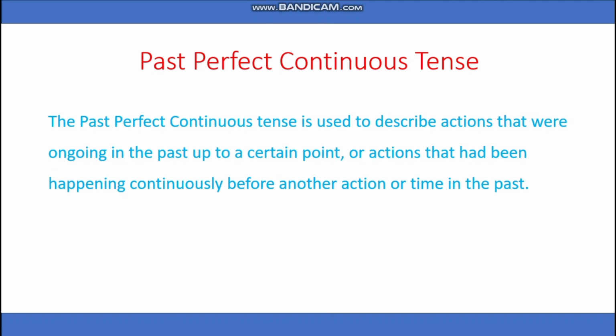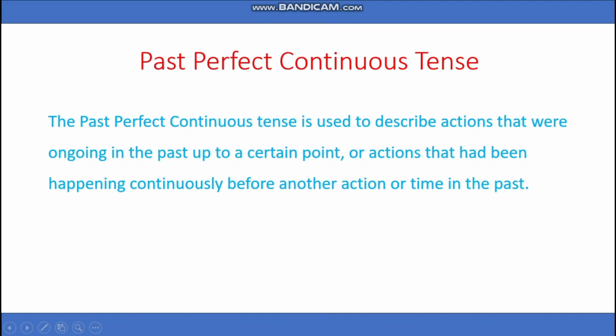The actions you had started in the past continued, you are talking about them in the past, and no action started after this continuous work. This is the past perfect continuous tense. When you talk about such actions, you will use the past perfect continuous tense.